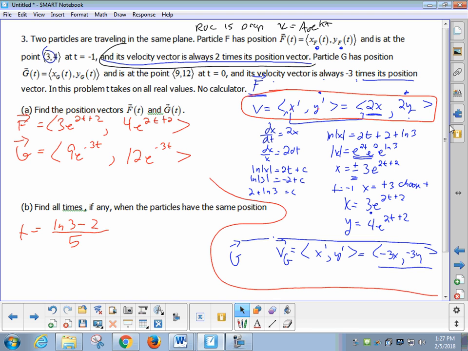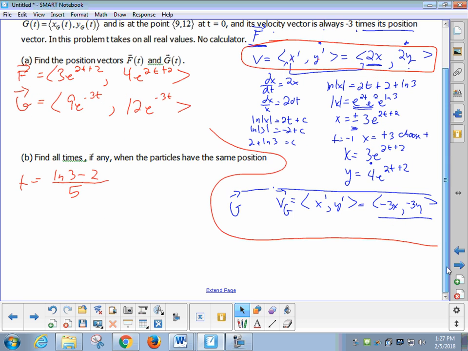Or B is easy? B, okay. Same position, what does that imply? Well, if vector F and vector G have the same position, then there has to be a time. Do I need to know when the x's are the same, or the y's are the same, or it has to be both at the same time?